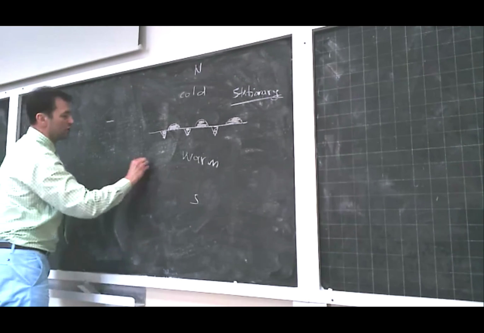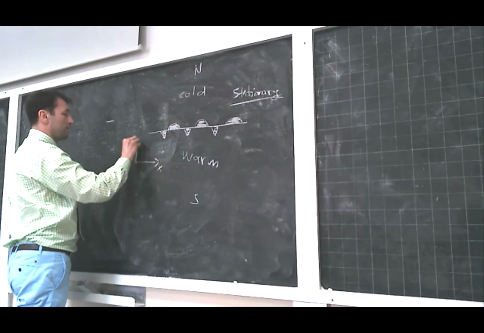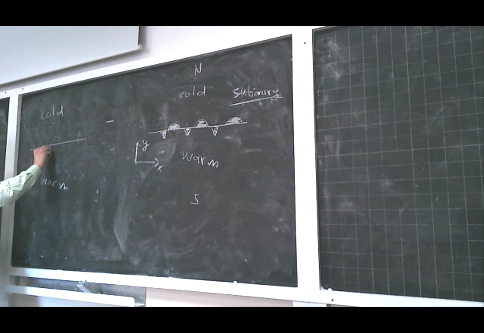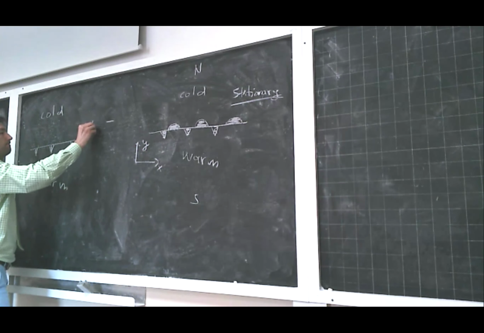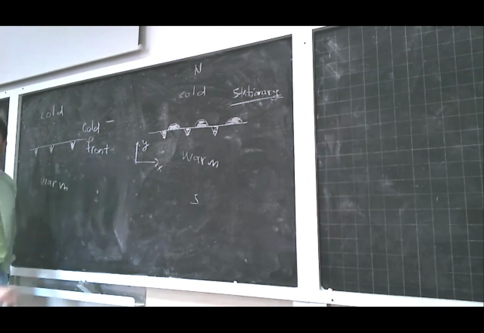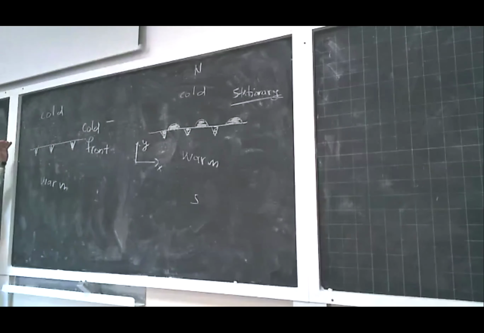Of course, this is in the horizontal plane, X, Y. We could have cold and warm air separated, but actually cold air is advancing. Then we would just have a cold front. And we indicate it with a line with blue triangles, again pointing away from the cold air.